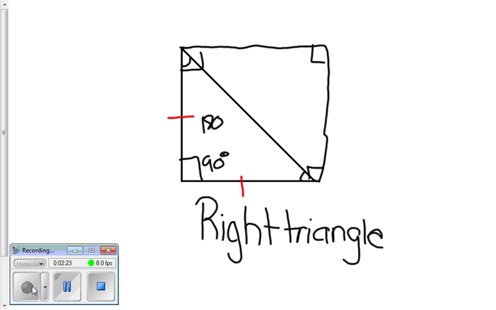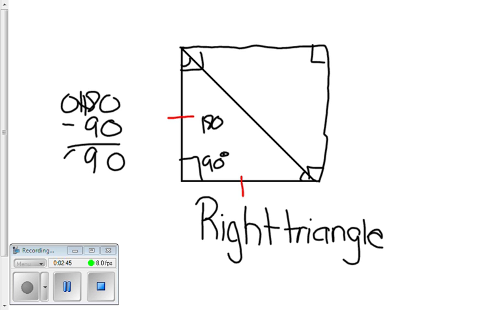To figure out how much the acute angles are, we need to subtract 180 minus 90. And now we need to divide 90 by 2 because there are two acute angles. Beautiful.